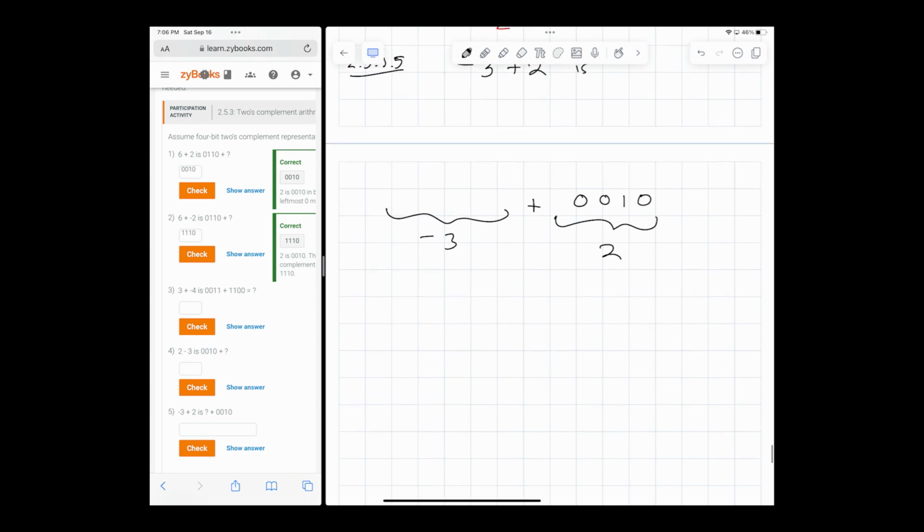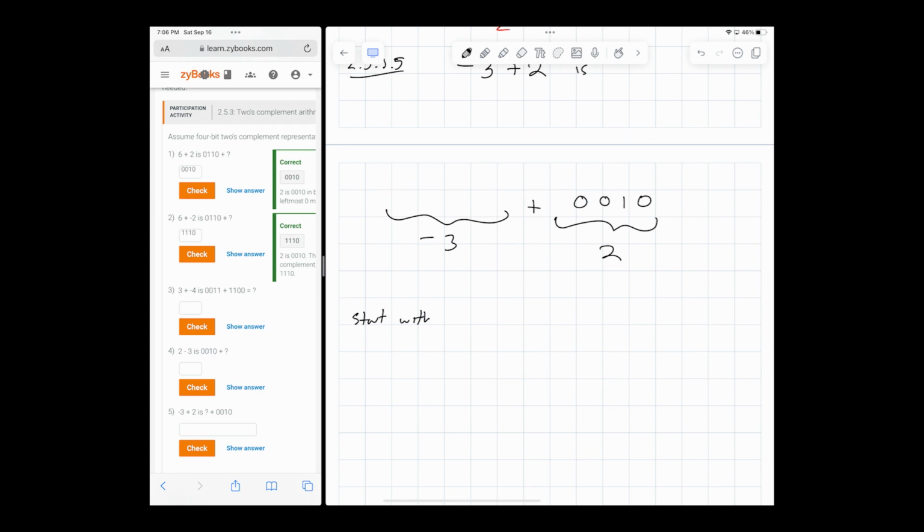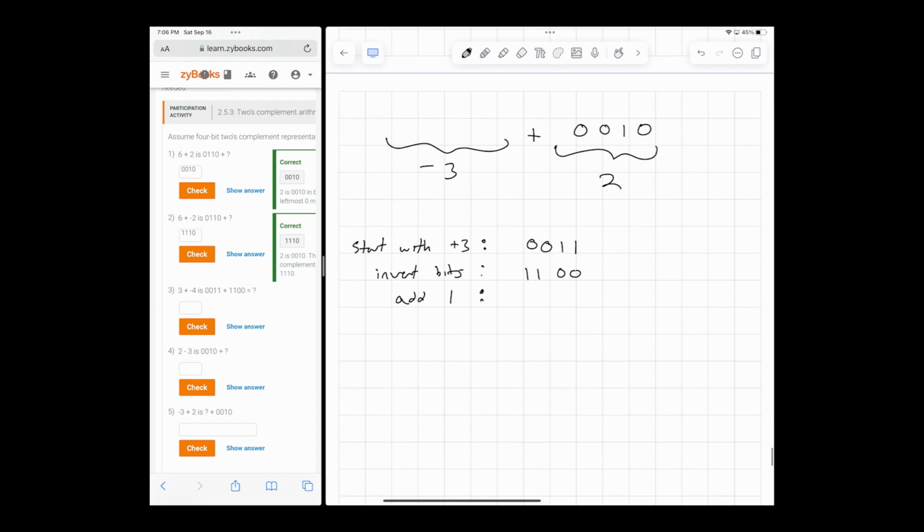So in order to fill in the negative 3, you have to start with 3, which is 0, 0, 1, 1. Invert the bits. So you get 1, 1, 0, 0. Add 1, which we do off the side.